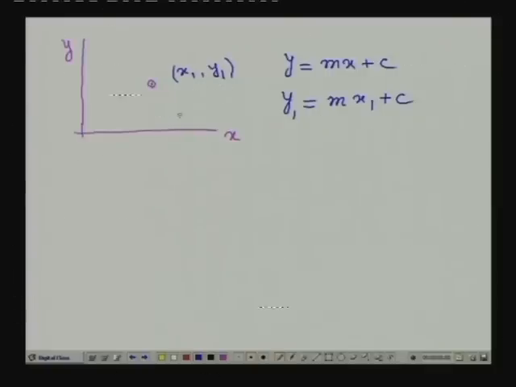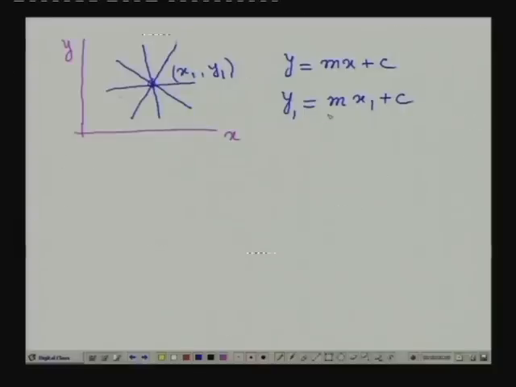Ideally I can have an infinite number of straight lines passing through this given point, and for each of these straight lines the value of the slope m and the intercept c will be different.